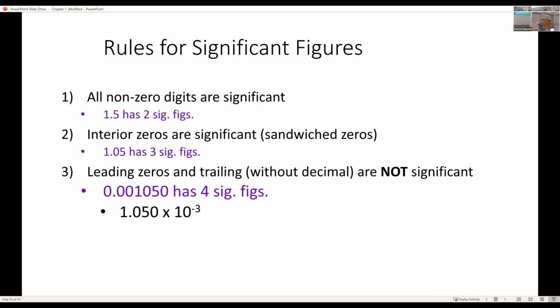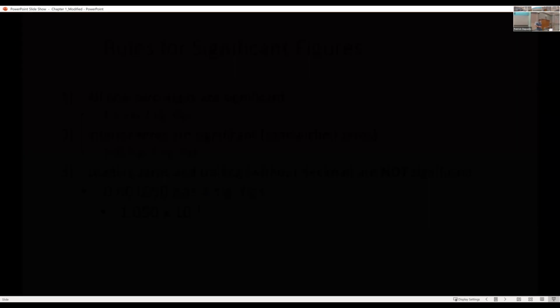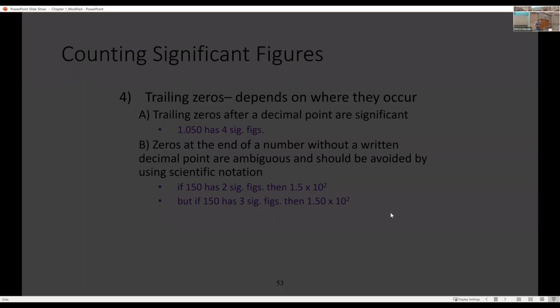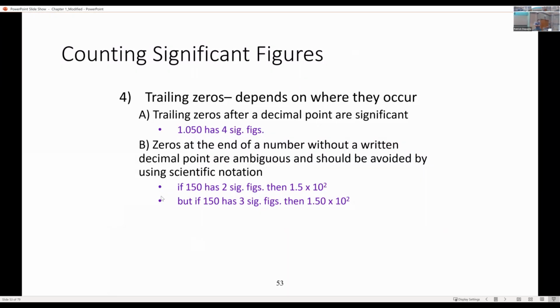Then you have the third case where it gets difficult. You have leading zeros and trailing zeros. So the rule is, let's see if we can get a better slide. Here we go. Here are the rules, with the zeros expanded.